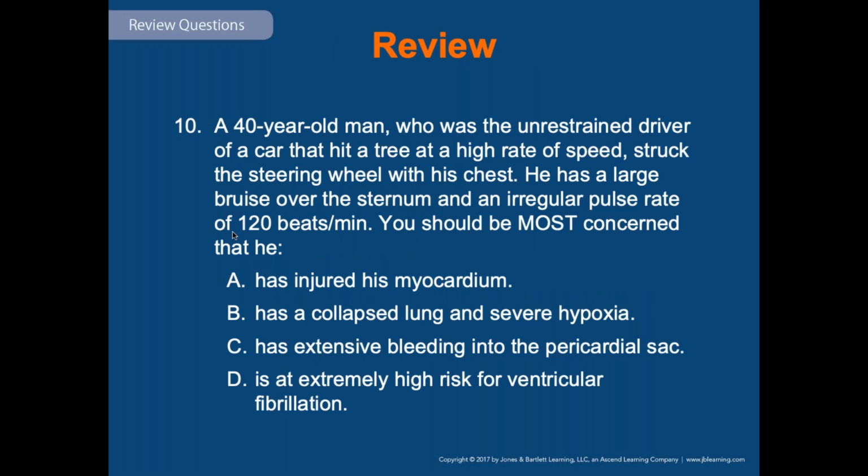All right, and the last one, number 10. A 40-year-old man was the unrestrained driver of a car that hit a tree at a high rate of speed, and struck the steering wheel with his chest. He has a large bruise over the sternum, a regular pulse rate of 120 beats per minute, and a respiratory rate.